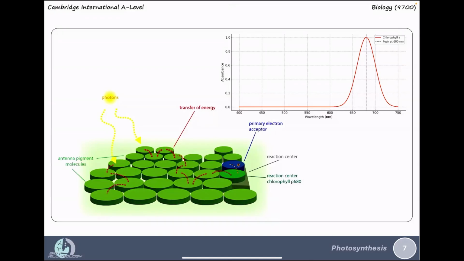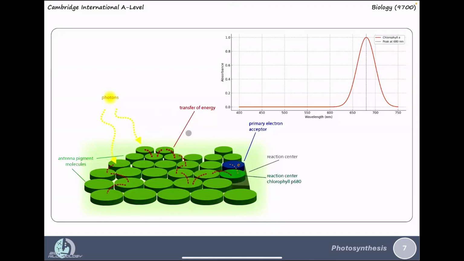Reaction center is a role of the chlorophyll A which involves the photoexcitation of electrons. Because the reaction center here is P680, this photosystem is known as photosystem 2.